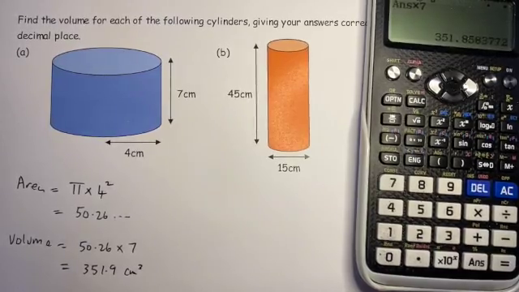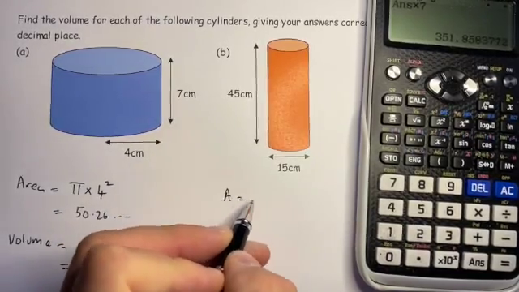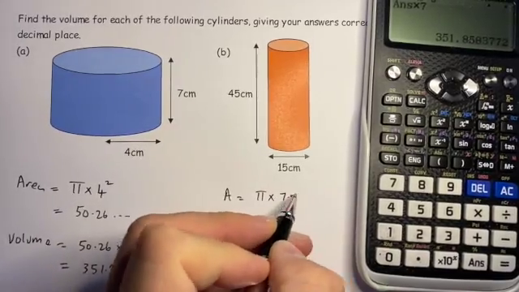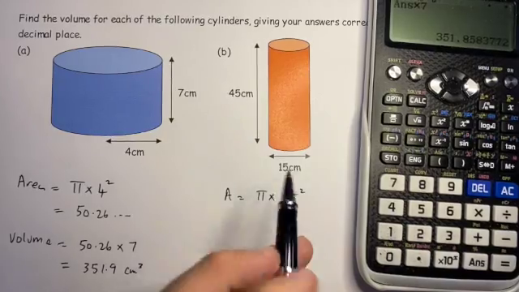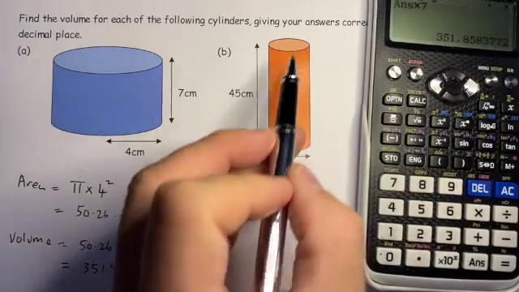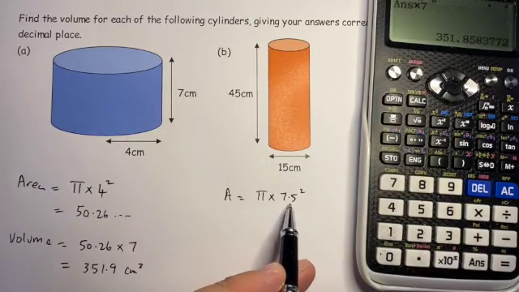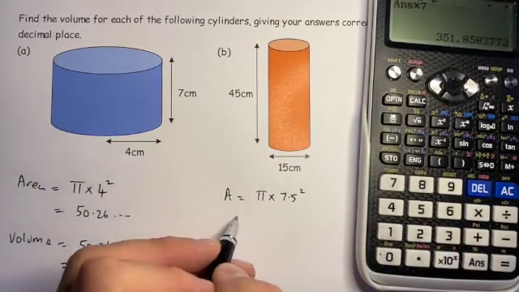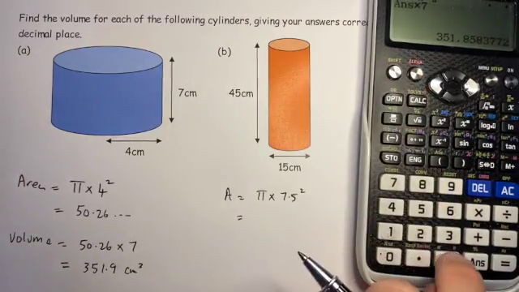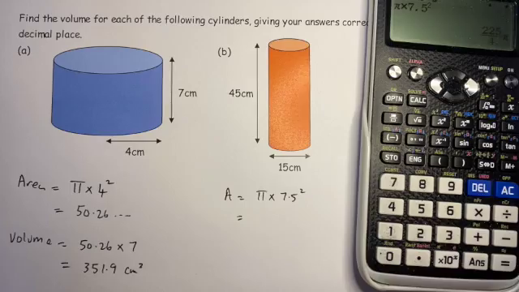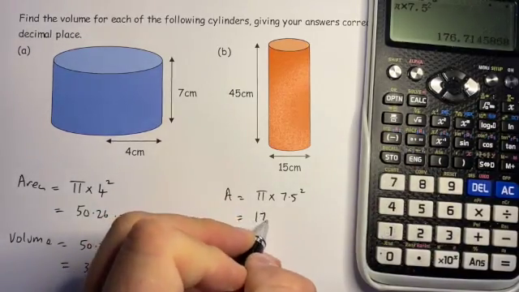Repeat myself with the second one, however with the second one, when I write pi times radius squared, the radius is not 15. That 15 went all the way across, which is the diameter. So the radius was 7.5, half of that. So shift pi times 7.5 squared equals, once again it's not put as a decimal, press that button, I get the decimal equivalent.